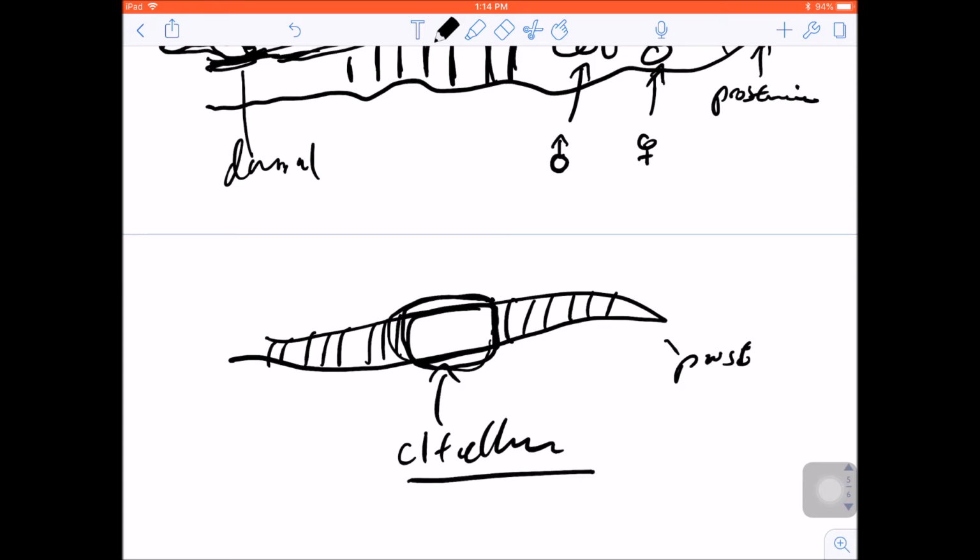You have the pygidium, which is the kind of the opposite of the prostomium. Pygidium, the structure associated with the anus. Then you have the setae, which are the hairs on each segment that drag the worm through the ground. The earthworms themselves don't have very prominent parapods.